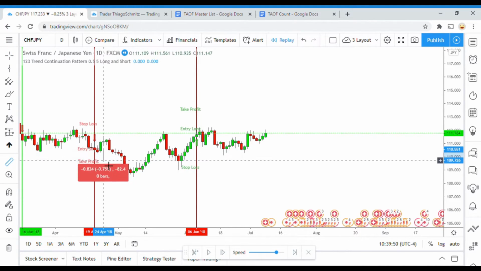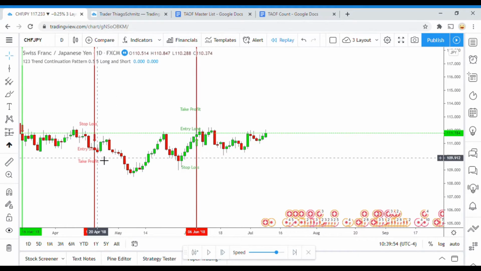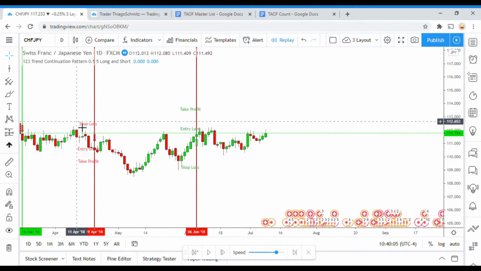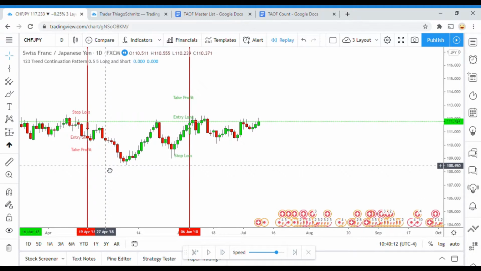And so take profit is to here. So 90 pip take profit, which isn't horrible, but the stop is 180. So that's almost a 2 to 1 in the negative.